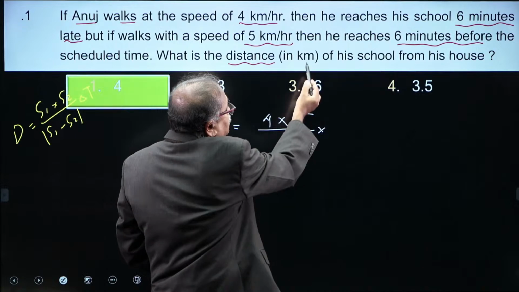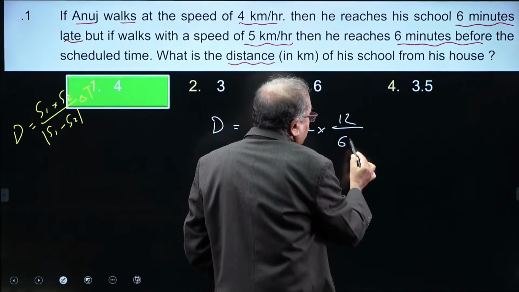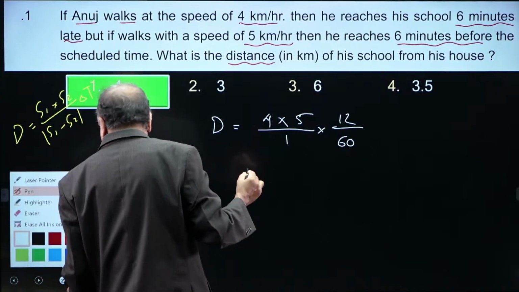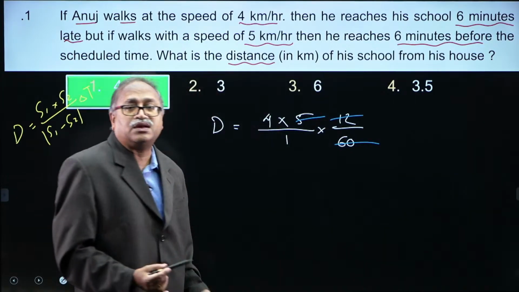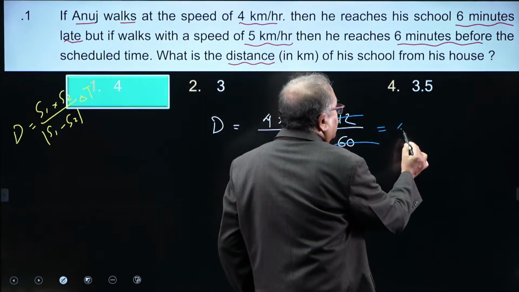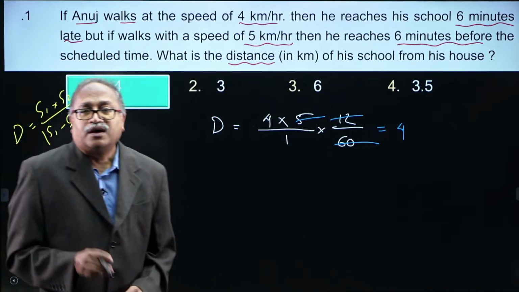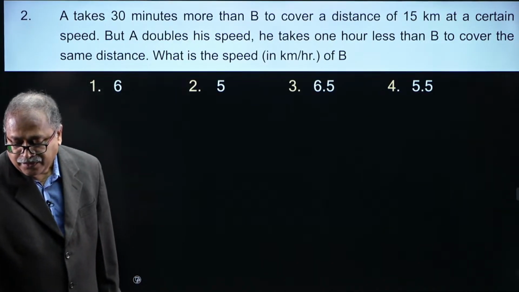As it is in kilometers, write it in hours: 12 by 60. So, 12 and 12 get cancelled, 60 and 60 get cancelled, your answer is 4. Beautifully answered. I am moving on to the next one.